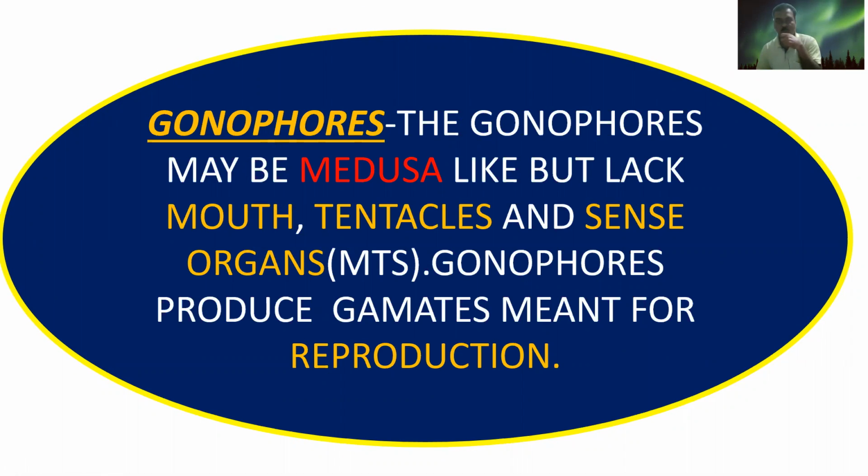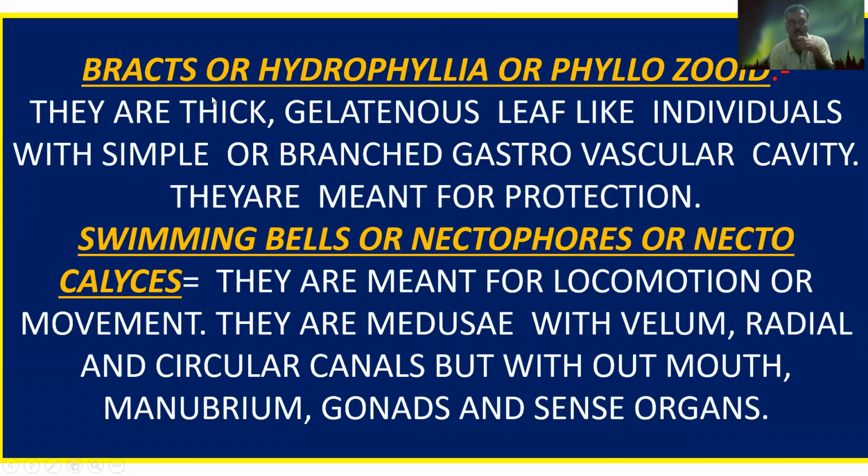Next one is gonophores. The gonophores may be medusa-like but lack the mouth, tentacles, and sense organs. That means mouth, tentacles, and sense organs are absent, and gonophores produce gametes meant for reproduction. The bract or hydrophyllia are phyllozoids. They are thick, gelatinous, leaf-like individuals with simple or branched gastrovascular cavity.